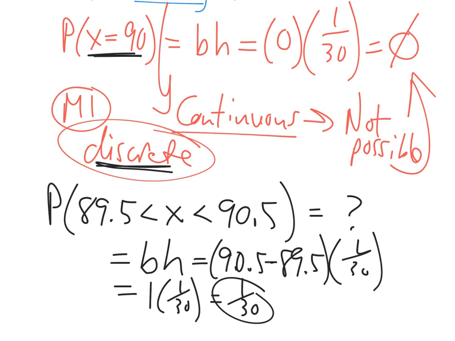So is it exactly 90? No, we'd have to use a discrete model. However, by creating this interval, we have a second method. Instead of a discrete model, we could use a continuous model to find the probability for approximately 90 minutes, between 89.5 and 90.5 minutes.